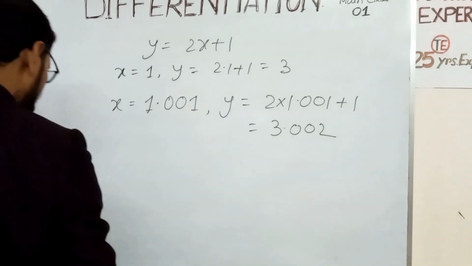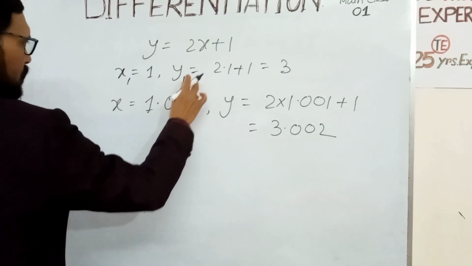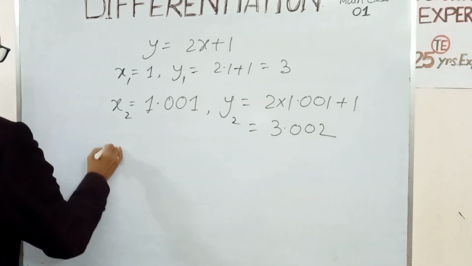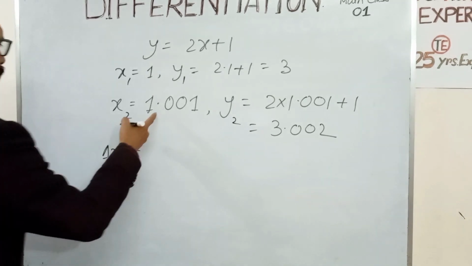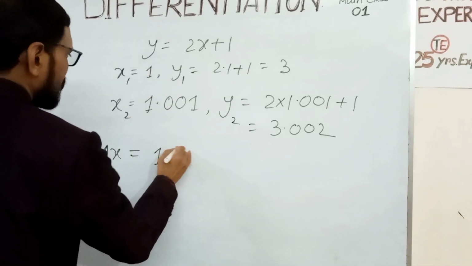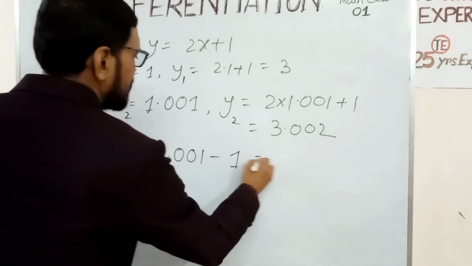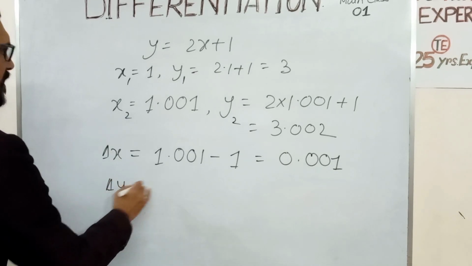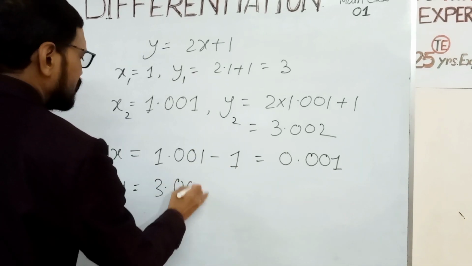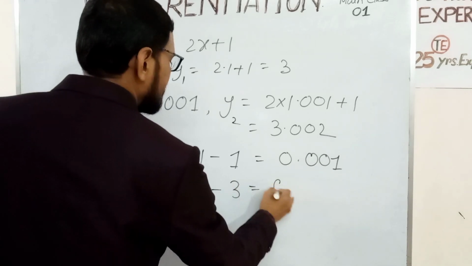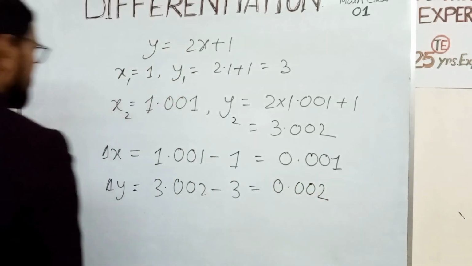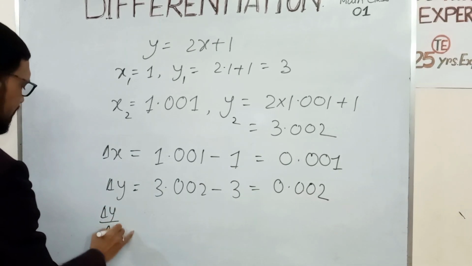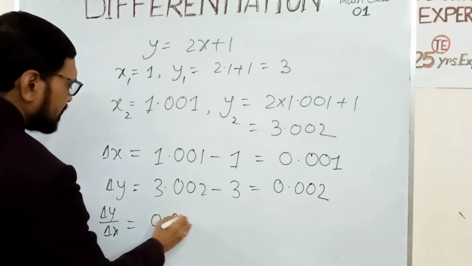Now suppose this is the initial value x1 and y1, and the final value x2 and y2. So what is delta x, the increment of x? It is this minus this, which is 0.001, and delta y, the increment of y, is 3.002 minus 3, that is 0.002. Now here delta y by delta x equals what?